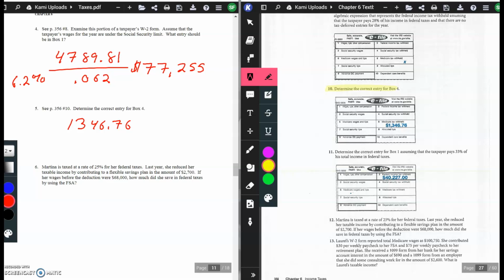So instead of multiplying by 1.45%, we are going to divide by 0.0145, 1.45% as a decimal. When you divide that out, that will give you a dollar amount of $92,880. So $1,346.76 divided by 0.0145 gives you $92,880.